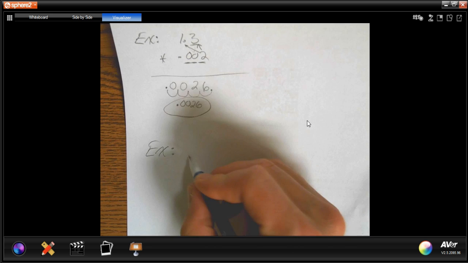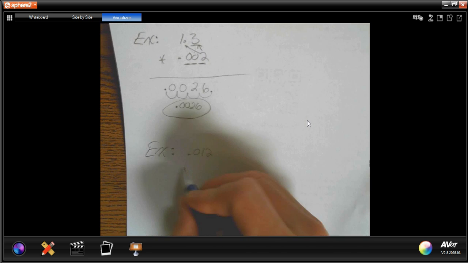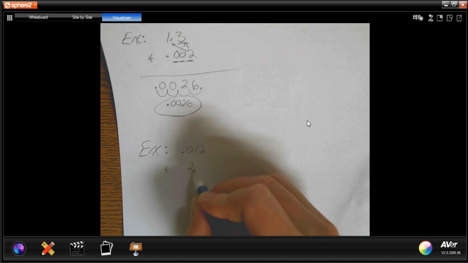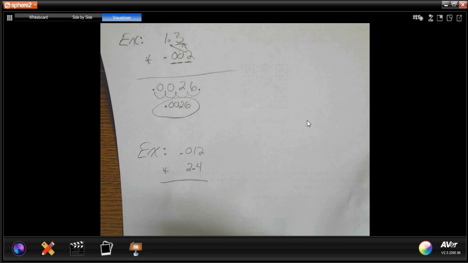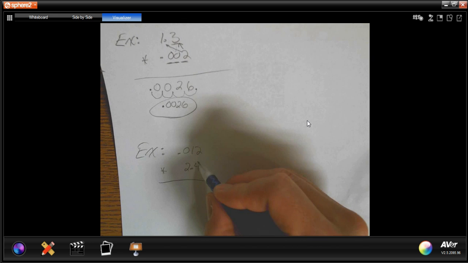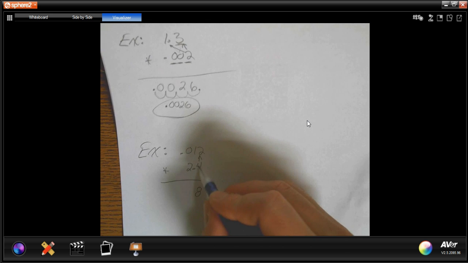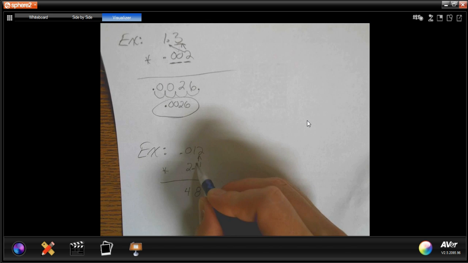Let's do 0.012 times 2.4. So we start with 4 times 2 is 8, 4 times 1 is 4, and 4 times 0 is 0.